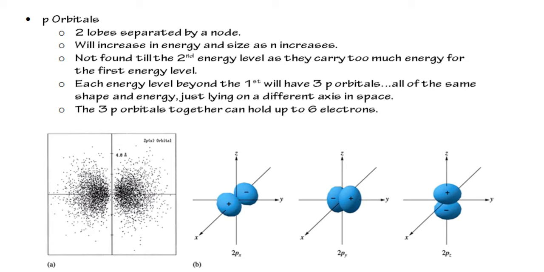And again, as that first quantum number increases, the size of the orbital increases. But we should note here with these p orbitals, they're a little bit higher in energy than s orbitals. They're also larger than s orbitals. So you won't find these p orbitals in the first energy level.